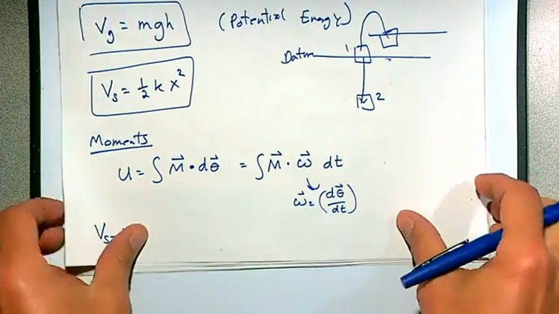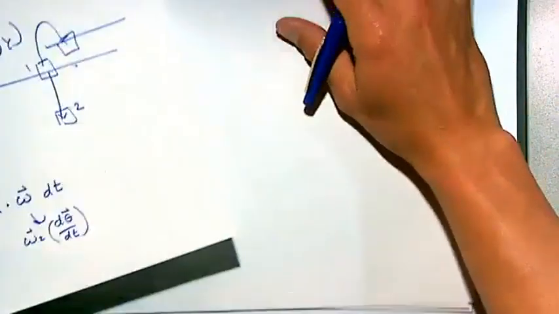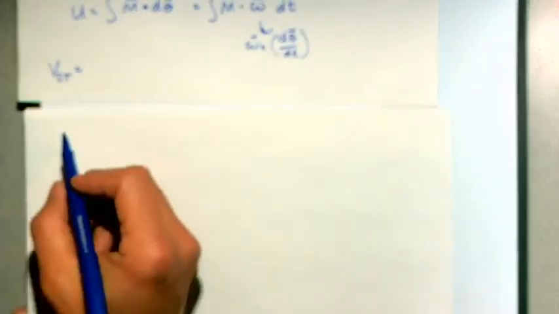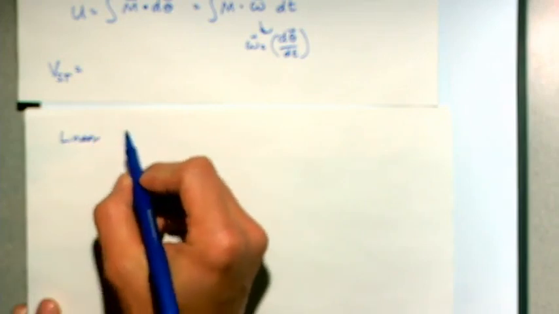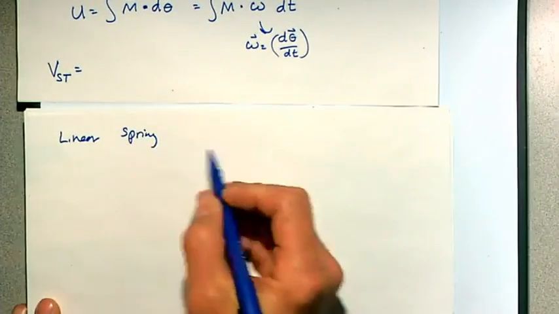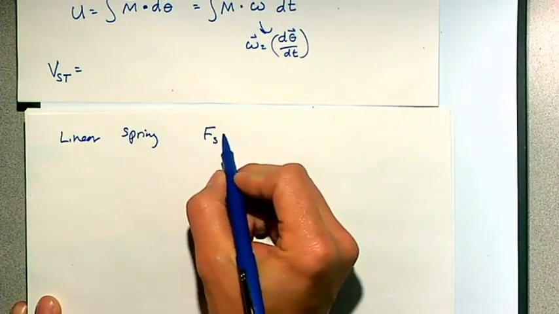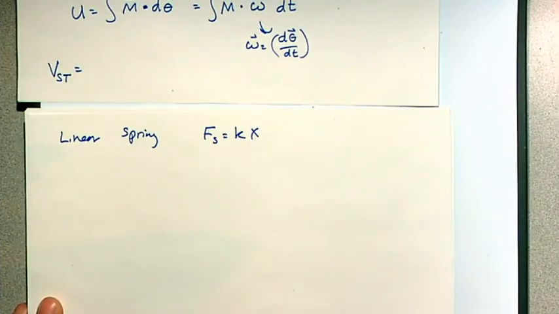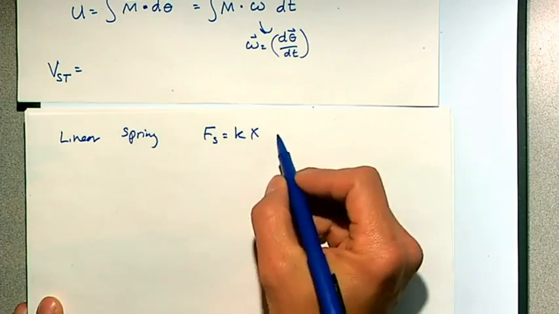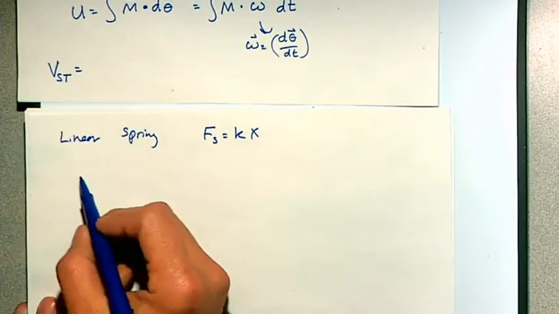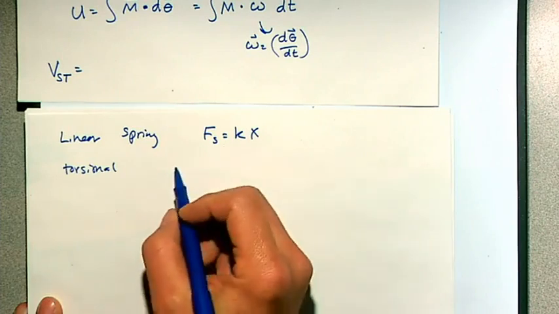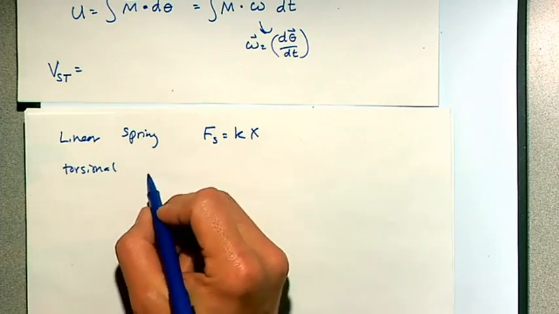So, if we think to what a linear spring was, we got the force from a spring, kx. We're going to integrate that over distance dr, right? A torsional spring is going to create a moment.